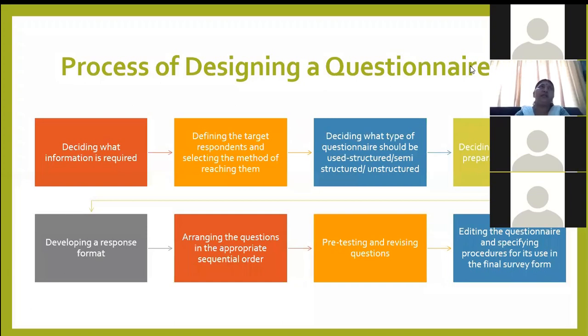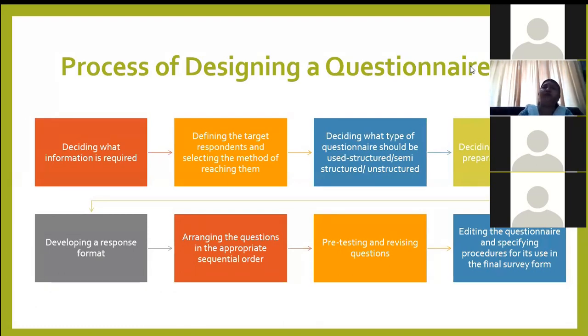After deciding what kind of information is required for achieving the goals of research, we have to define the target respondents. We have to find out who the target respondents are, from whom we are going to collect information.